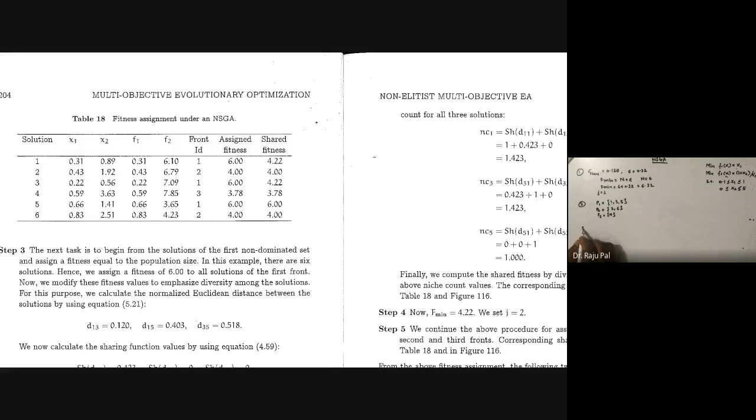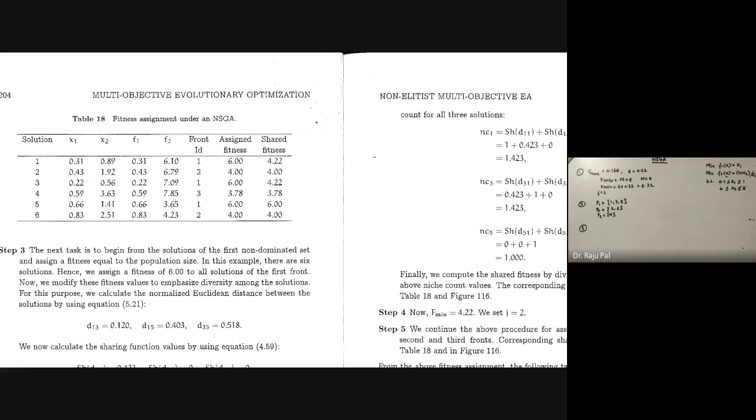Now the next step, step 3, is to assign the fitness. From here the NSGA fitness assignment algorithm is applied, which we discussed in the last lecture. The first idea is to assign more fitness value to the first front solutions and less fitness value to subsequent fronts.